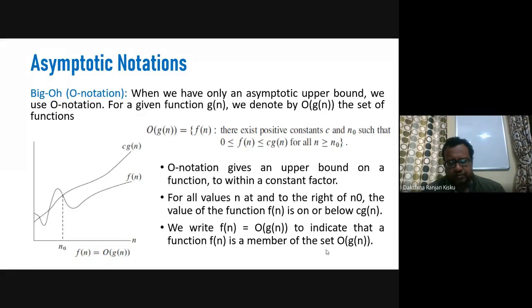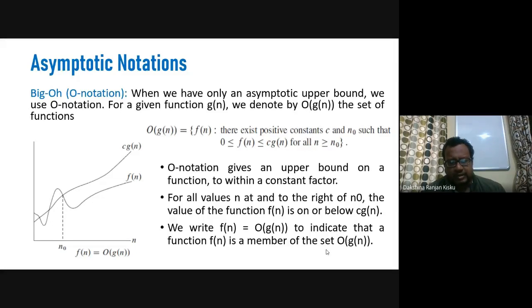Therefore we can write f(n) equals order of g(n) to indicate that the function f(n) is a member of the set order of g(n). As I said, order of g(n), or big O of g(n), is a set of functions or class of functions, and f(n) is one member of the set order of g(n).